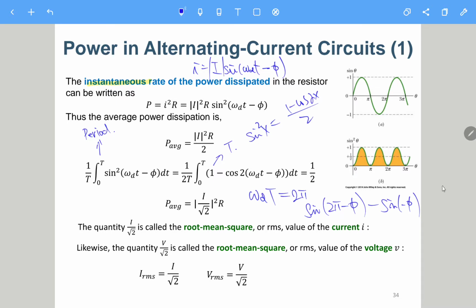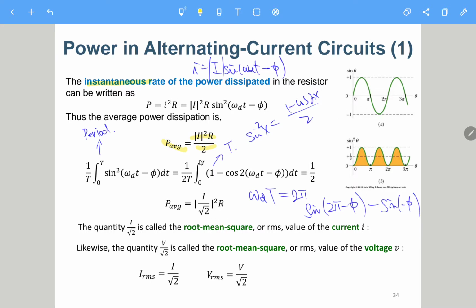And this one becomes 0. So we have 1/2 for this integration, which makes the average power actually half of I squared R. So this is the average power consumed by the resistor.